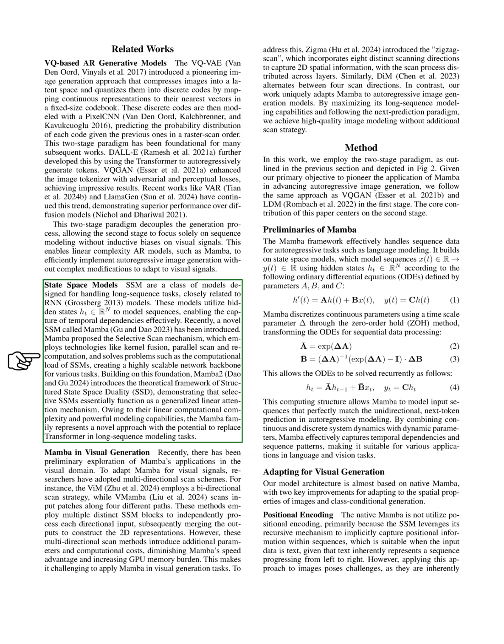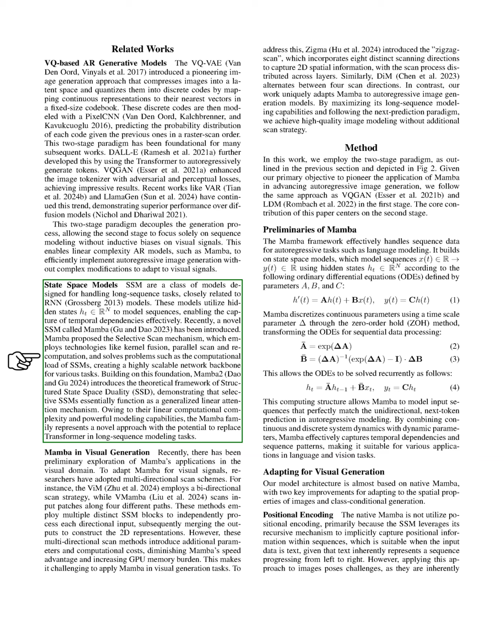We also explore state space models, which are designed for long sequence tasks and are closely related to RNNs. These models use hidden states to effectively capture temporal dependencies. The recently introduced Mamba model features a selective scan mechanism that employs techniques like kernel fusion and parallel scanning, addressing the computational challenges of state space models and creating a scalable network backbone for various tasks.